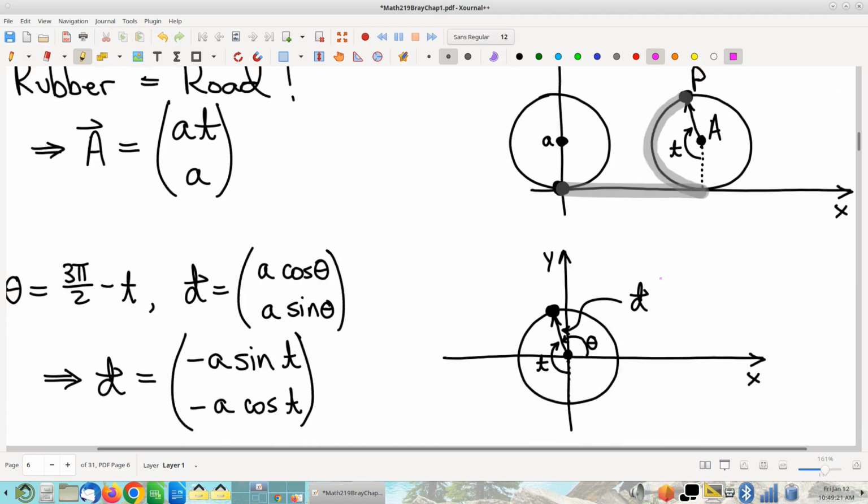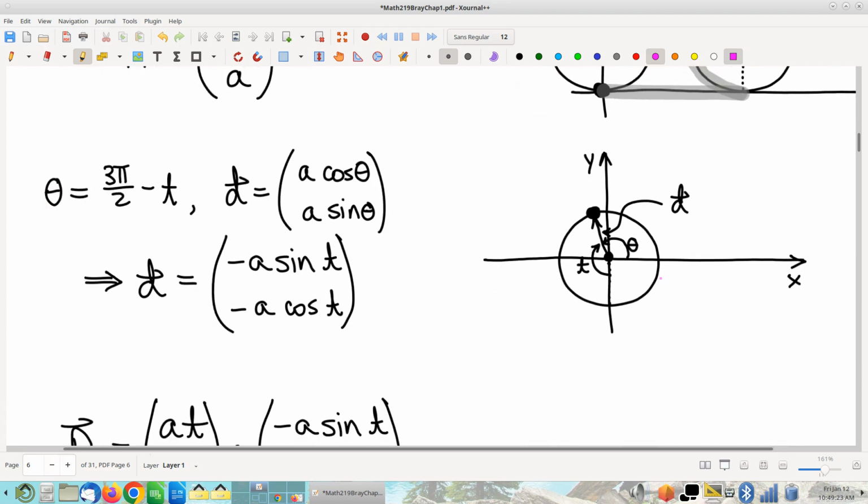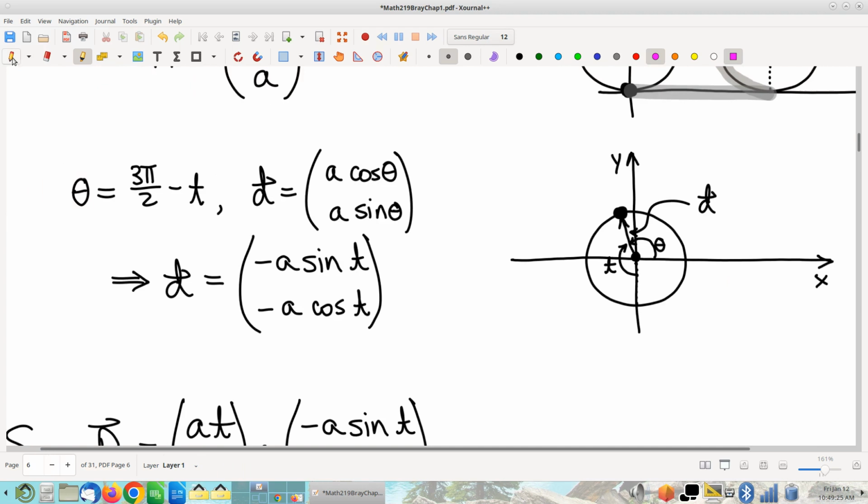Okay, so let's talk about the d vector. Again, sort of going around in a circle. There's my d vector. Don't forget, here's my parameter t, like that.